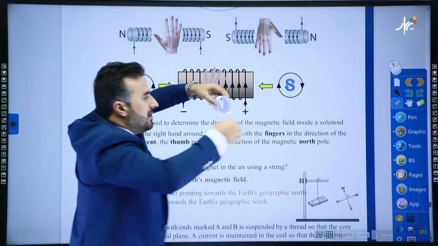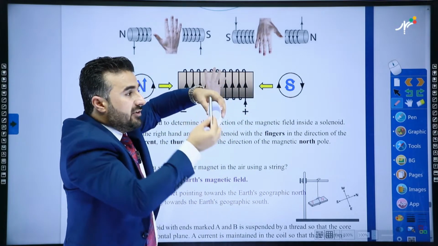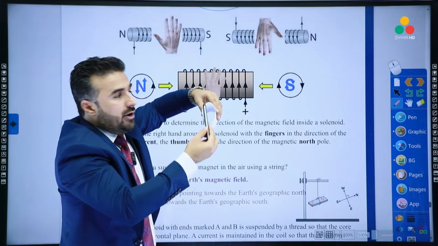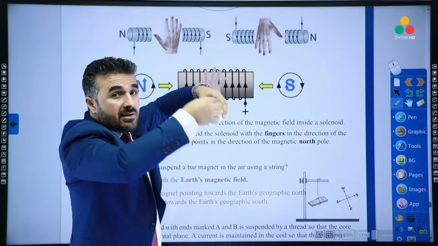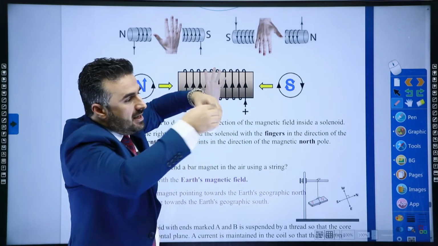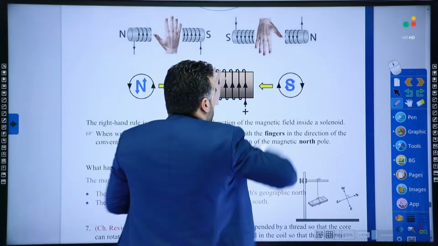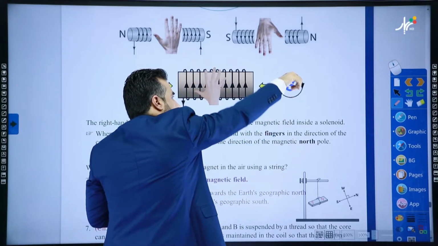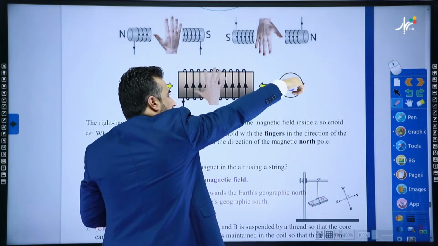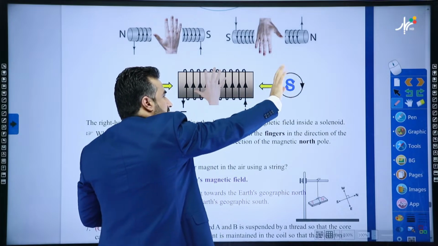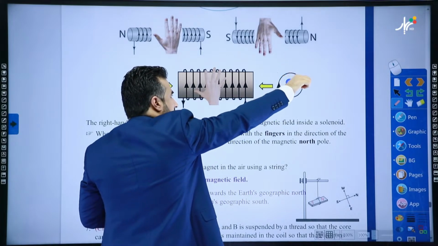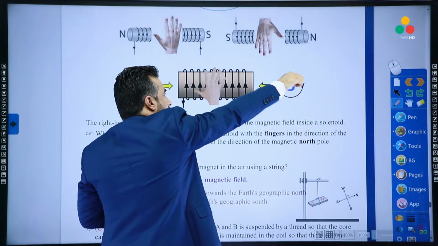So if I keep doing this, what is the direction? If you look at one end of the solenoid, what is the direction of the current at this end when you look at it, yeah? Can we say it is clockwise? Yes. If that is clockwise, take a look. You can align your hand like this, yeah? Remember, we said always align your finger in the same direction as the current. So if that is the case, then north is basically into this.